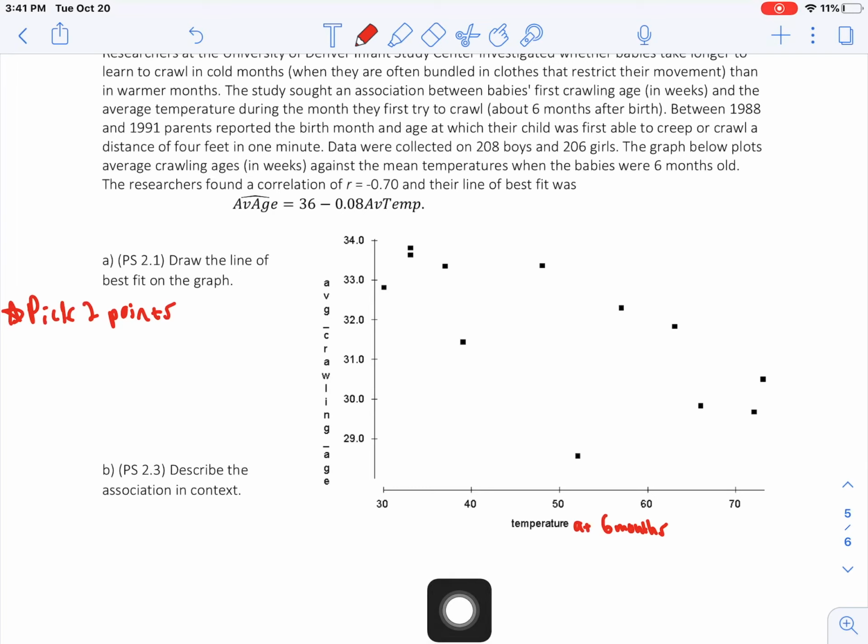So over here we have the crawling age. Let me give you this dot, for example. This dot, we'll say about 48 degrees maybe. So maybe it was about 48 degrees at 6 months.